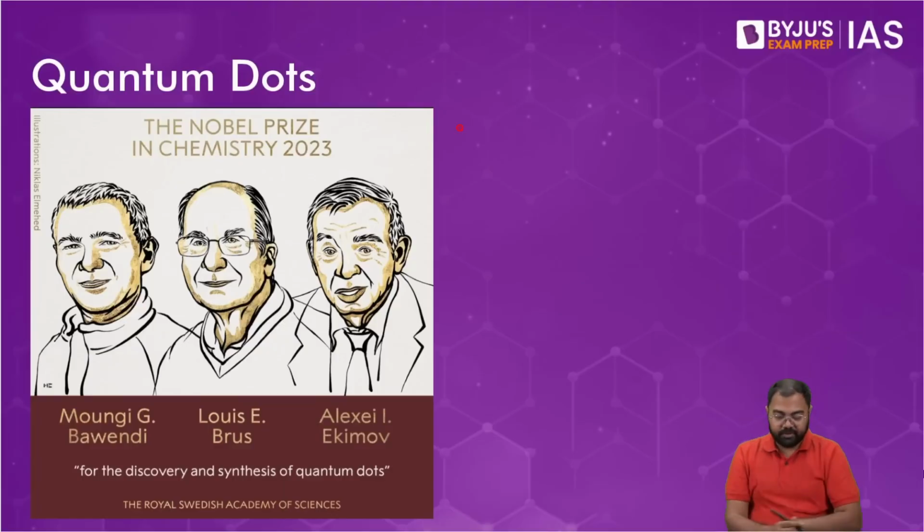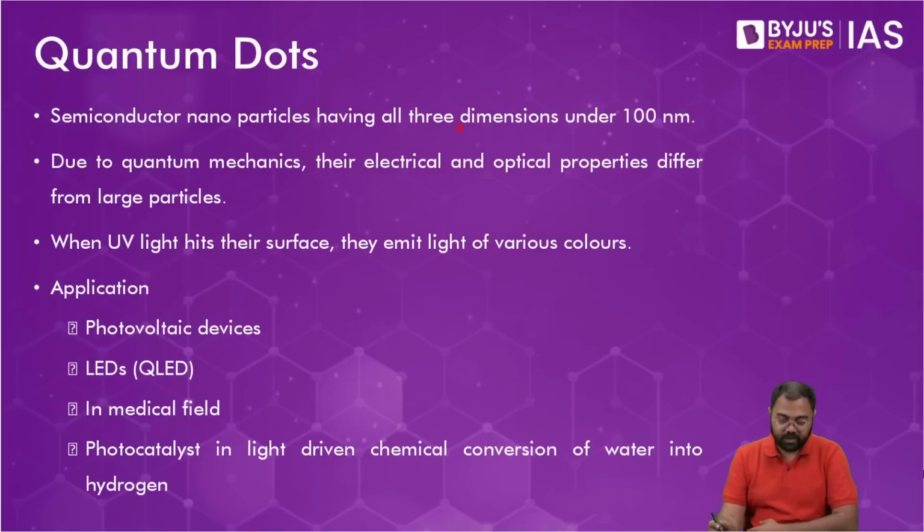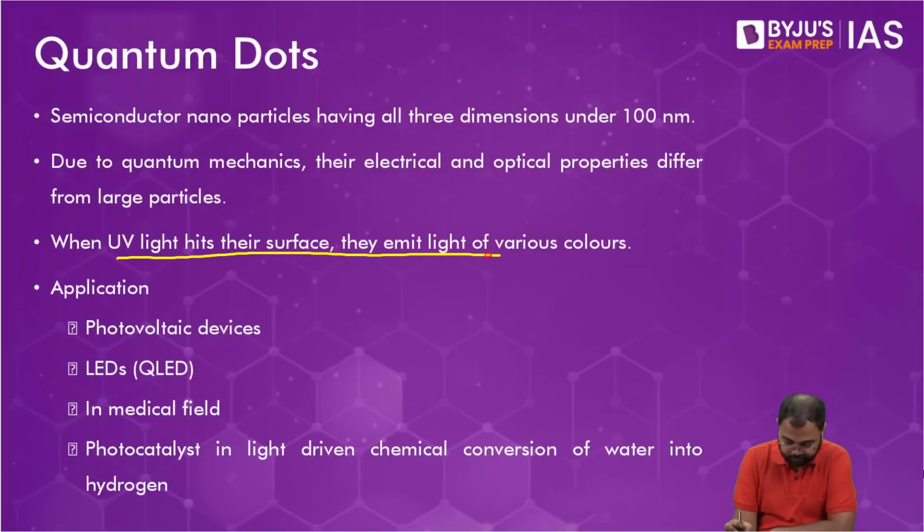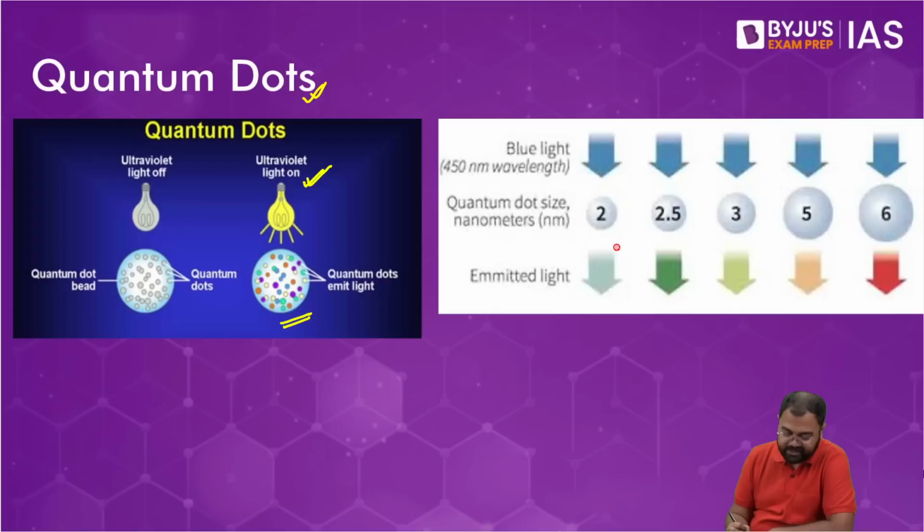When UV light hits their surface, they emit light of various colors, and this depends on the size of the quantum dot.